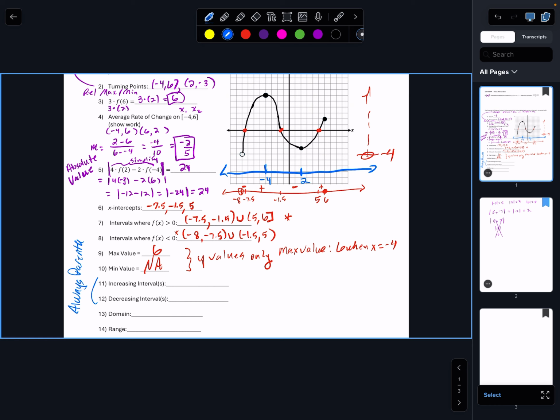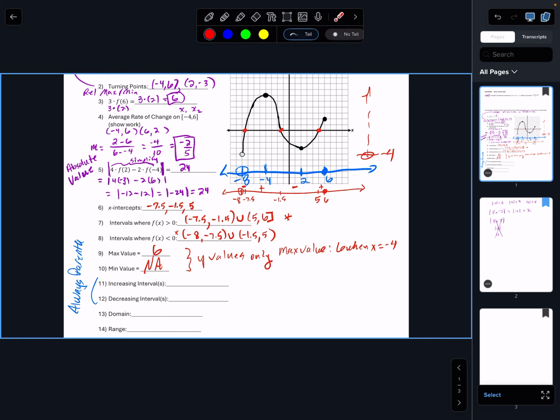You use the places where the function changes from increasing to decreasing, decreasing to increasing, along with the far ends. So over here we have -8, and over here we have 6. Doesn't matter, -8's not included, 6 is, because you're going to use parentheses anyway. You never use brackets on increasing, decreasing.